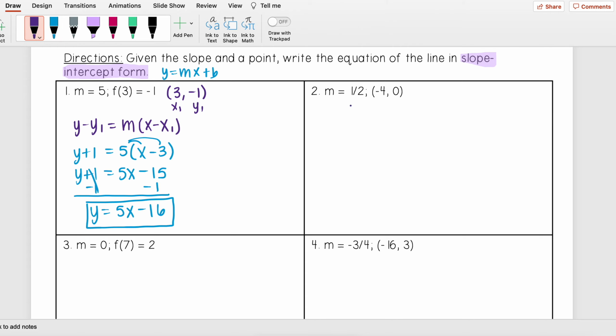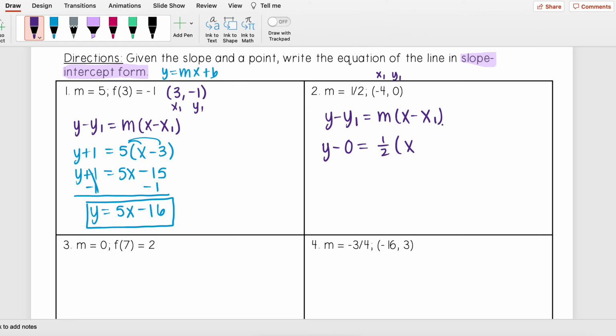Okay, let's try another one. So here I have m equals 1/2, and I have the point (-4, 0). So I'm going to start with labeling my x1 and y1. And so I have y minus y1 is equal to m times x minus x1. Well, my y1 here is 0. M is 1/2.